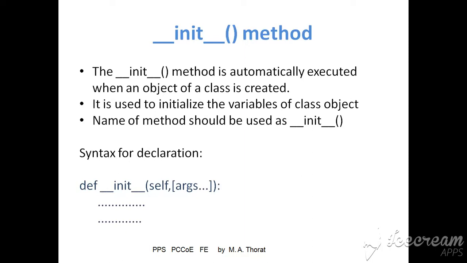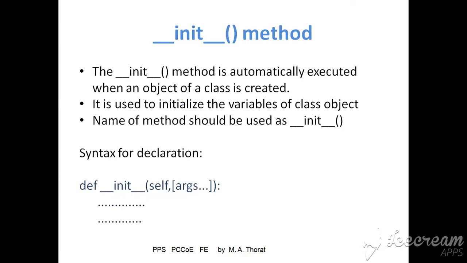What is the main feature of the init method? The init method is automatically executed when an object of a class is created. Why is automatically mentioned here? When we want to call init, it just initiates a call to the init method just by making an object of that particular class.